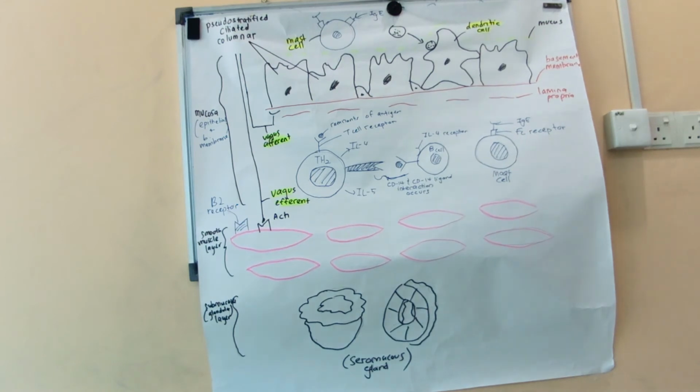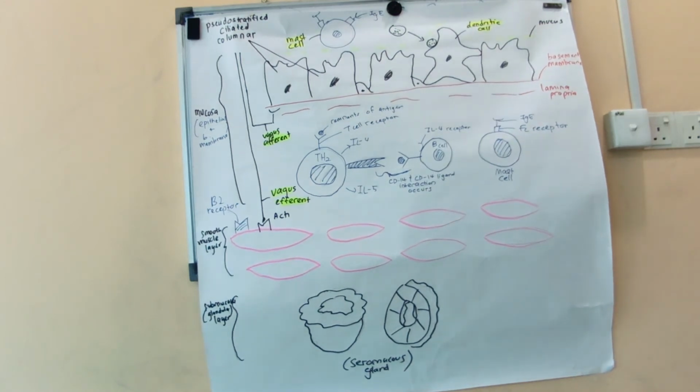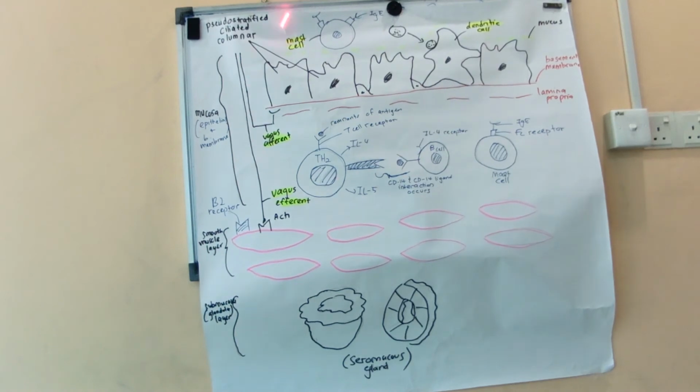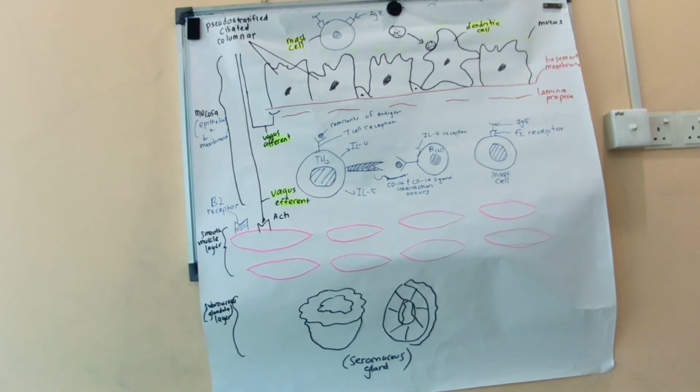Now we are going to talk about the events which occur on subsequent exposure to this pollen. During the subsequent exposure, the pollen comes again, during the second exposure. Then the IgE, you see here, the IgE is now stuck onto the mast cell.